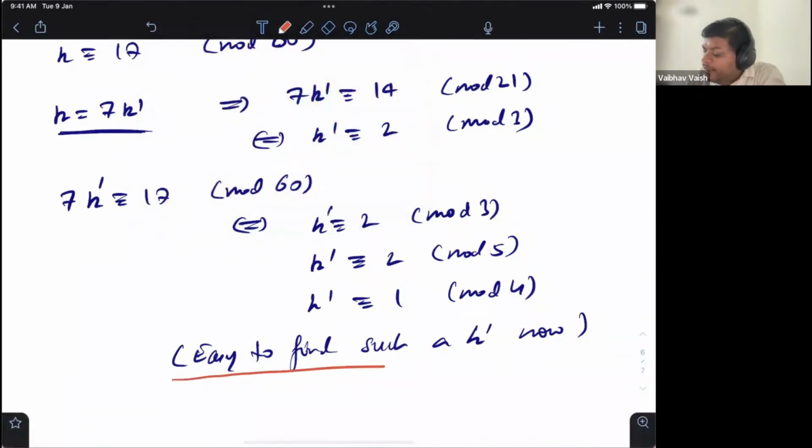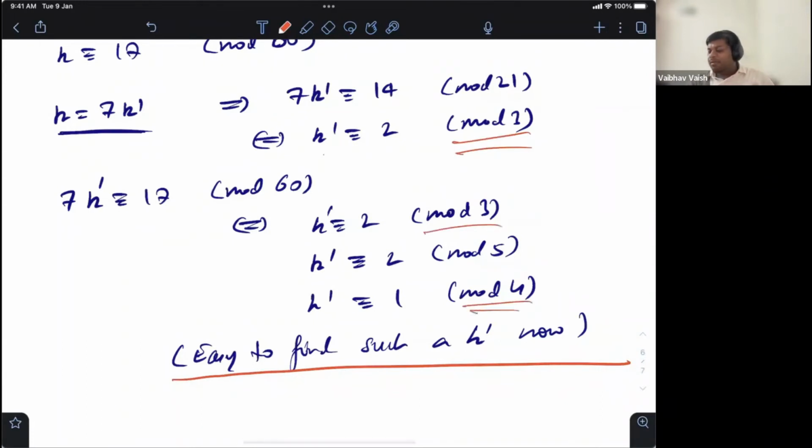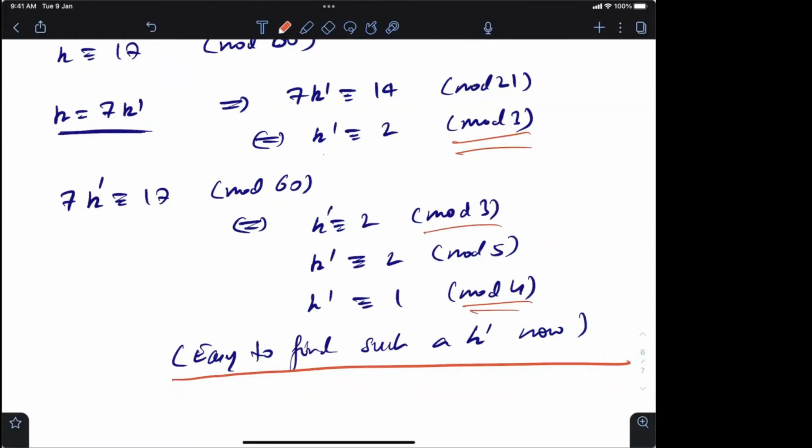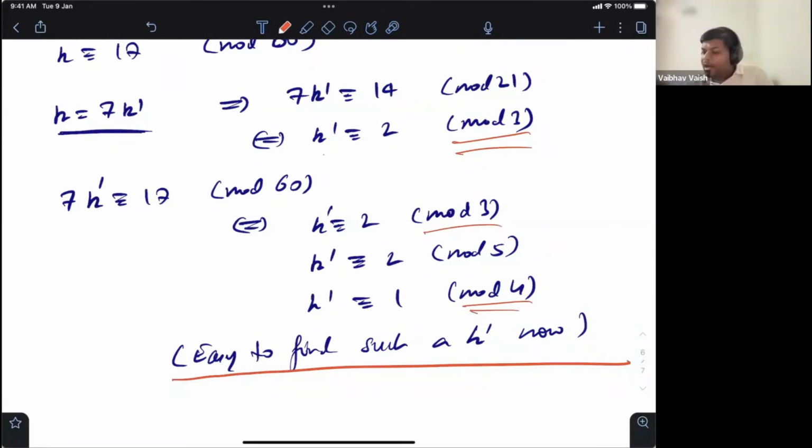Are there any questions? Does anyone have an issue? We have reduced this to finding a k prime which has these remainders, and this can be easily done. Does anyone want me to go over how to solve this? Student: Sir, I have a better way. Sure.